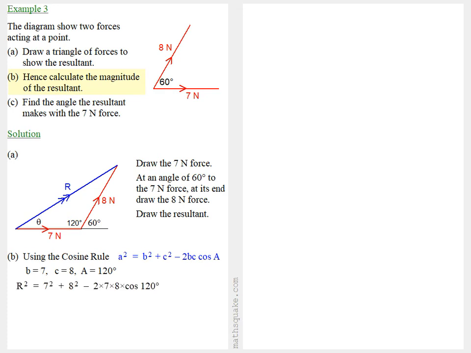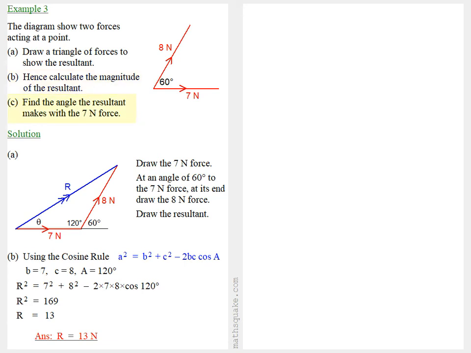So that gives us R squared equals 7 squared plus 8 squared minus 2 times 7 times 8 cosine 120, which works out R squared is 169, or R is 13. So our answer is R equals 13 newtons.